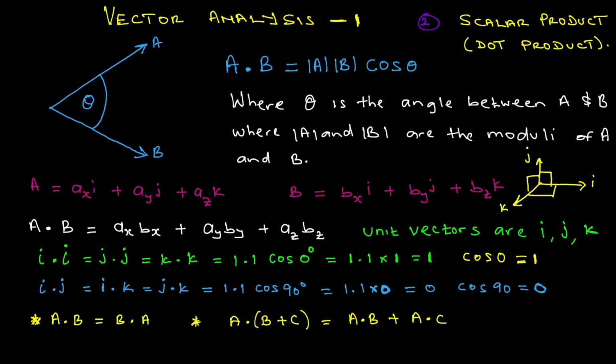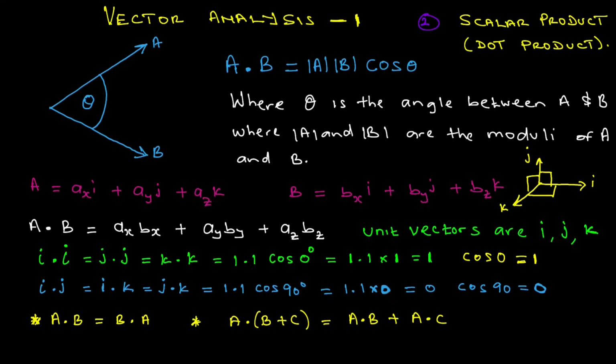Well, i times j, they are at right angle to each other, because this is i, that's j, so the angle between them is 90 degrees. So if you multiply i times j, or i times k, or j times k, they're perpendicular to each other, and their angle is 90 degrees. Cos of 90 degrees is 0.